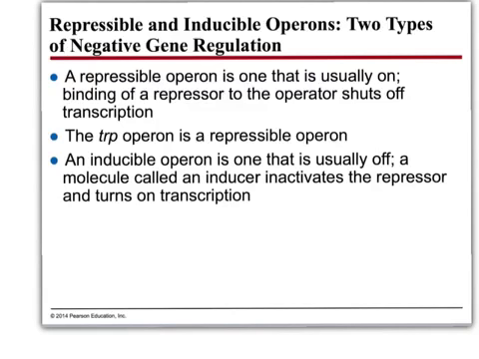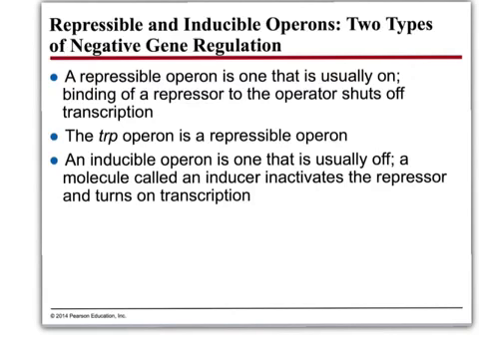Operons, what is an operon? Nick, what's an operon? It's too early. Nick says it's too early. Amanda, what's an operon? Sarah: It's an entire stretch of DNA that includes the operator, the promoter, and the genes that they control.